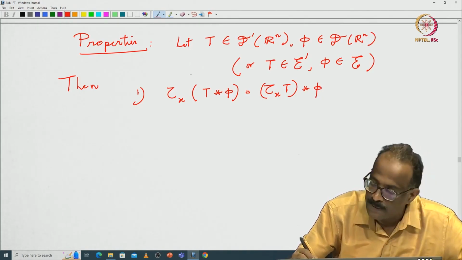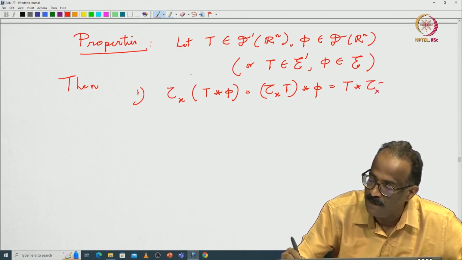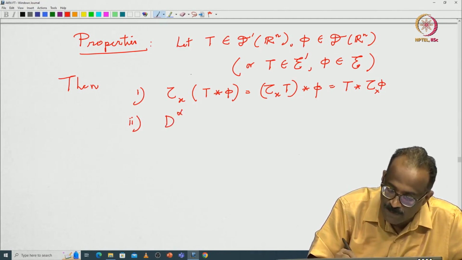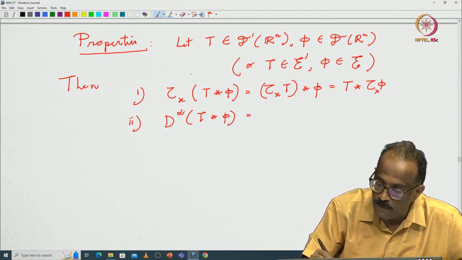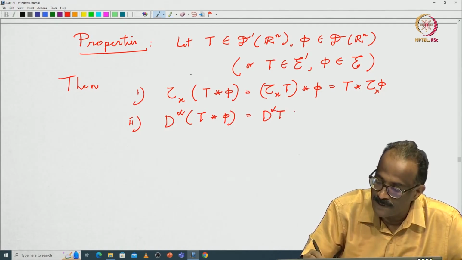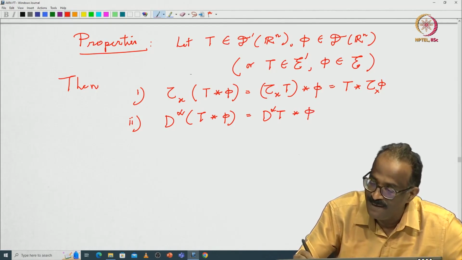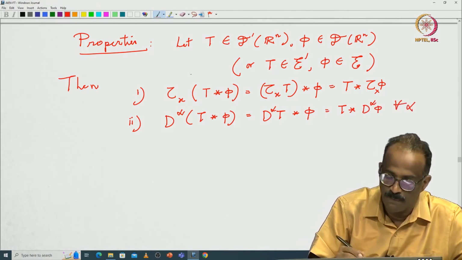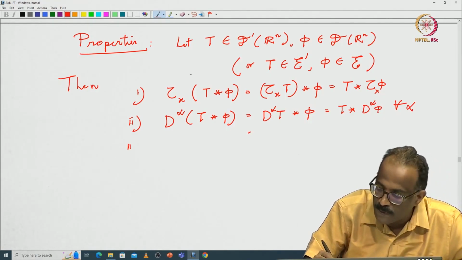That is equal to T star the translation of phi, wherever you want to take it. Two, d power alpha of T star phi is equal to d power alpha of T star phi, because d power alpha of T is defined all the time, and that equals T star d power alpha of phi for all multi-indices alpha.